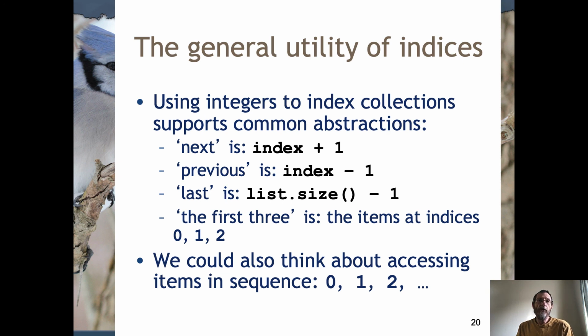And because we're using integer index values with an array list, and we have a current index, then the next item will be at index +1, and the previous item will be at index -1, or the index of the last value in the collection is always the size of the collection -1, because the index of the last one is always 1 less than the size of the collection. So it's worth bearing in mind that we can map abstractions like next, last, previous into manipulations of integer values.